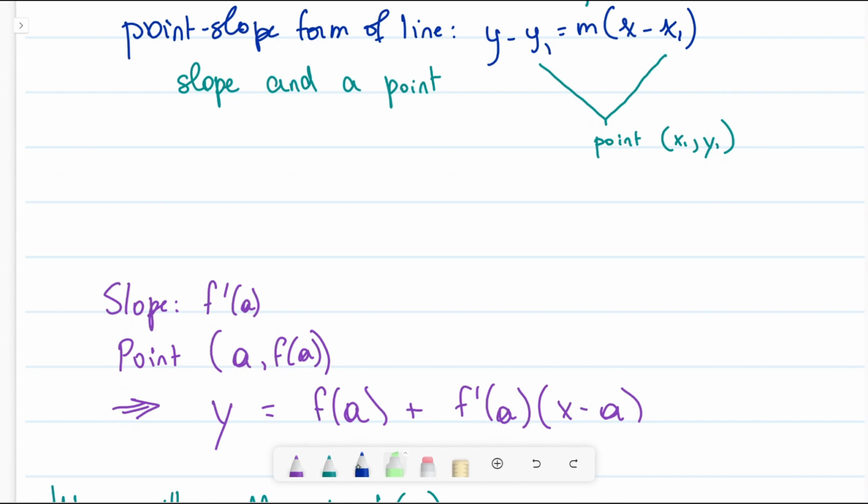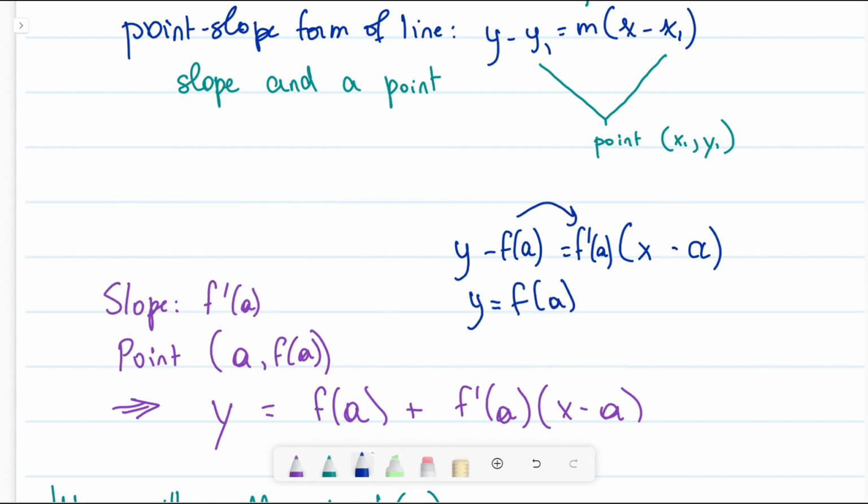So what do we get? Instead of m, we will write f prime of A, and instead of x1 we will write A, and instead of y1 we will write f of A. And then we will solve for y, so we move f of A to the other side. We get y equals f of A plus f prime of A times x minus A.